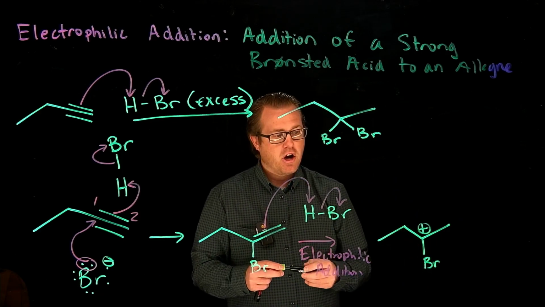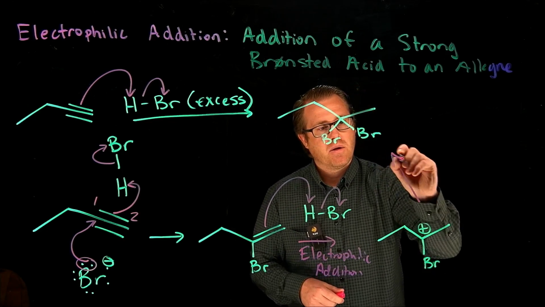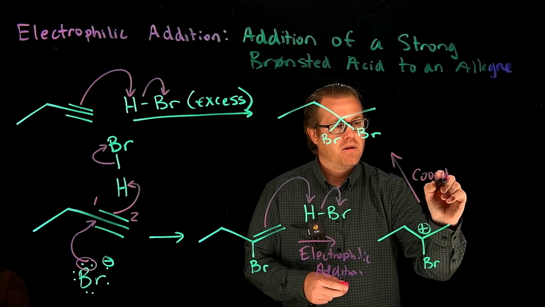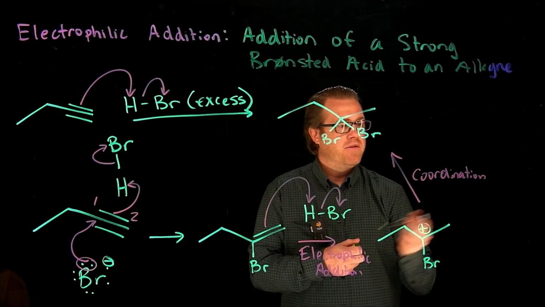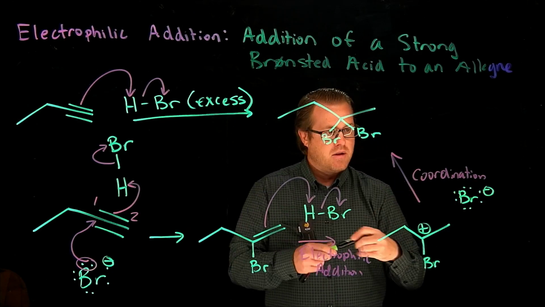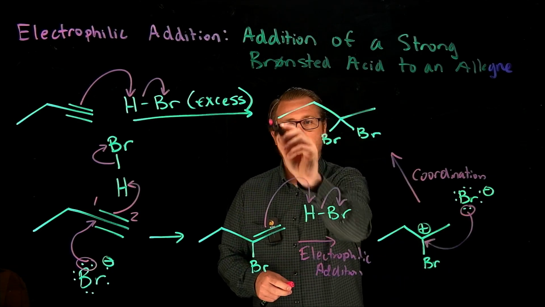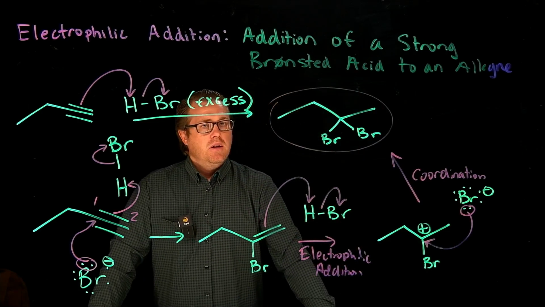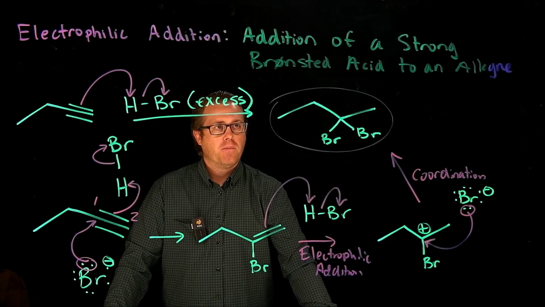We generate a carbocation. And then we will do our coordination step with the other bromide. So we have bromide floating around. And then that will come in to give us our product right there. So that is the mechanism. All right? I hope that helps everyone.